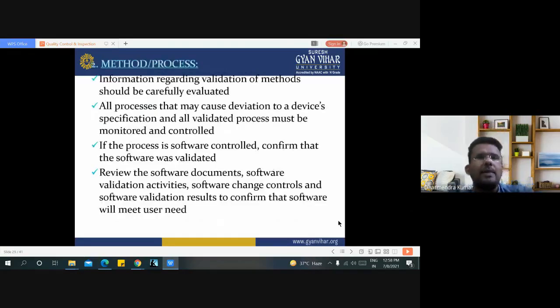Here are the method or process which we are using to complete our product. Information regarding validation of methods should be carefully evaluated. All processes that may cause deviation to a device specification and all validated processes must be monitored and controlled.